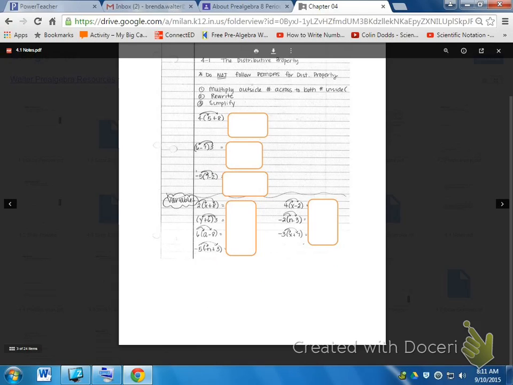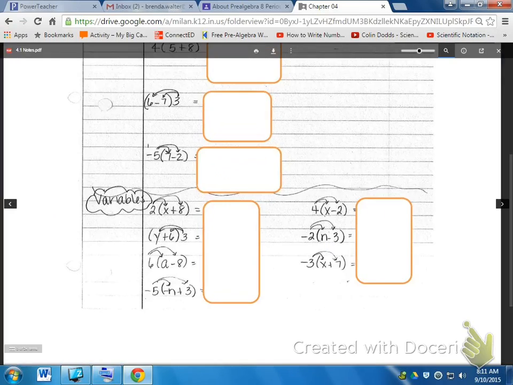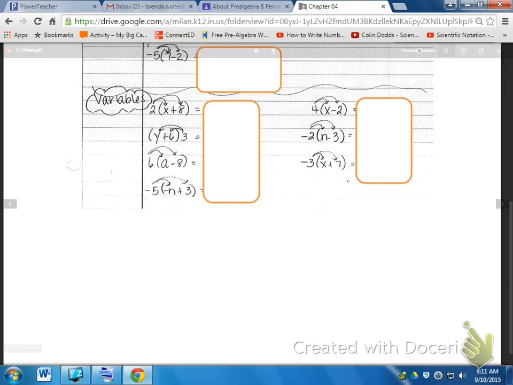Now let's look at them with variables, which is what this is really all about. With variables, anytime you take a number times a variable, you just write that number in front. So taking 2 times the quantity x plus 8, you take 2 times x and get 2x, and 2 times 8, you get 16, and you're done.